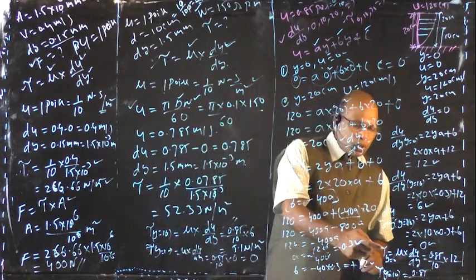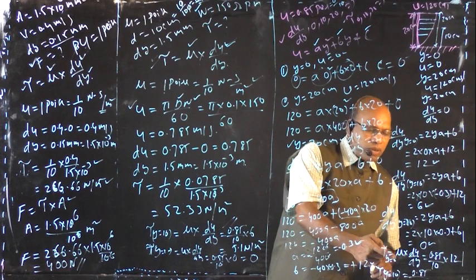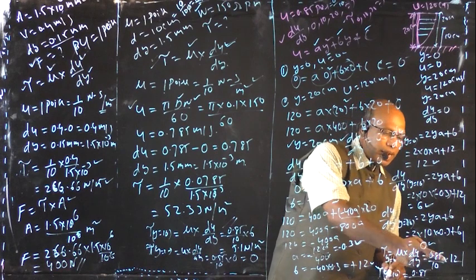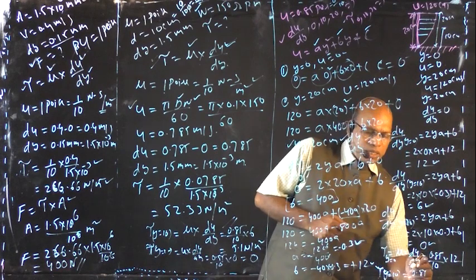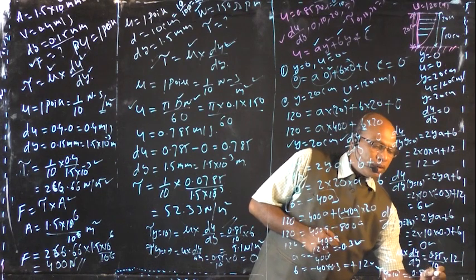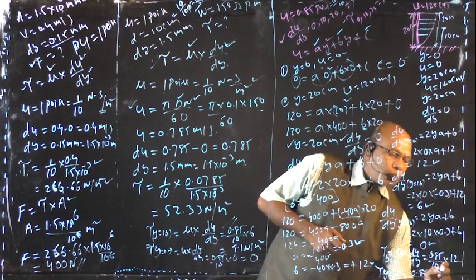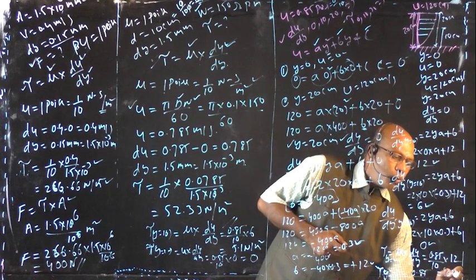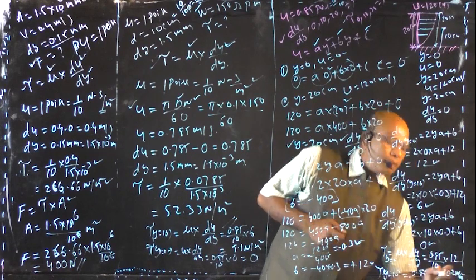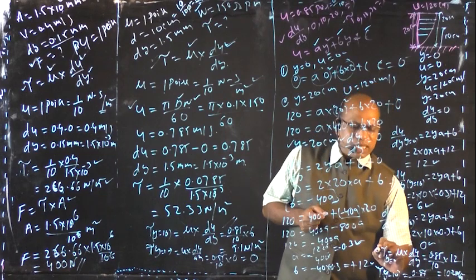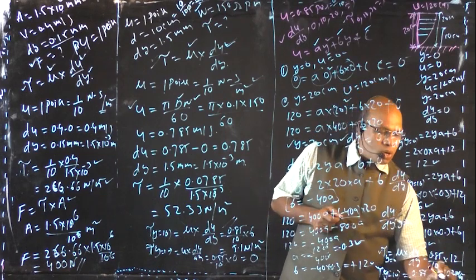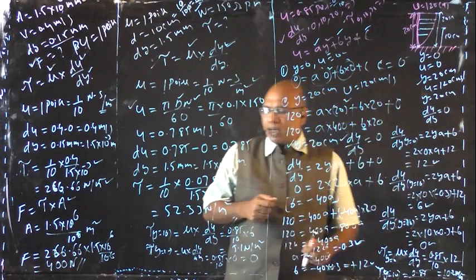And also the shear stress at y is equal to 0 is 0.85 divided by 10 into 12, which is equal to 10.2 Newton per meter square. The shear stress at y is equal to 0 is 10.2 Newton per meter square.